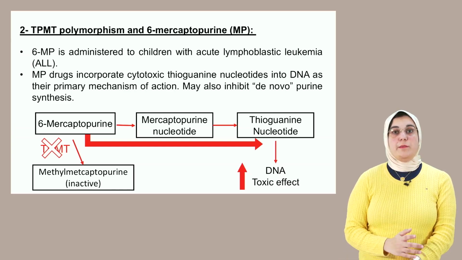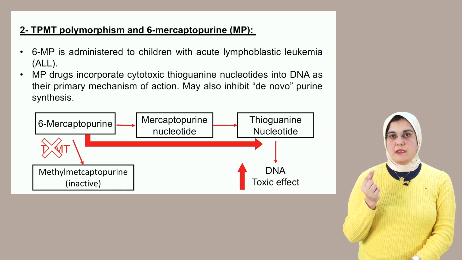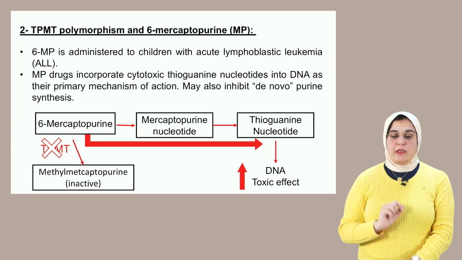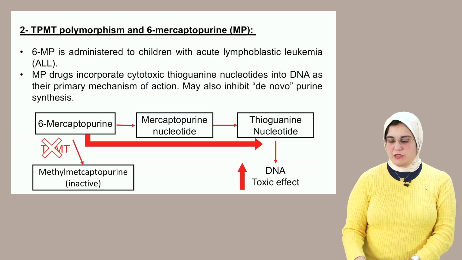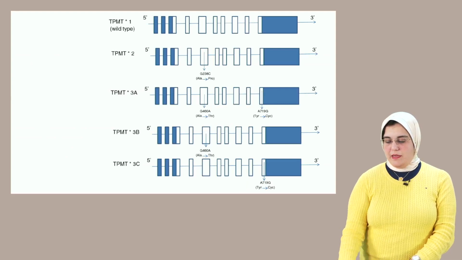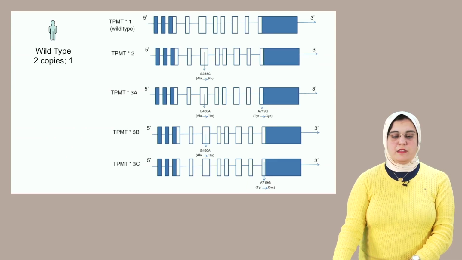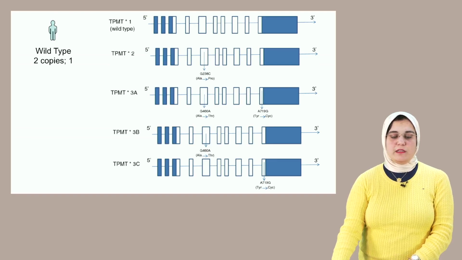So this is the important part: how a single SNP in the enzyme TPMT, which is responsible for breaking down 6-mercaptopurine, can affect the patient. Here, to clarify more, this is the wild type, or the normal type, of the TPMT enzyme.